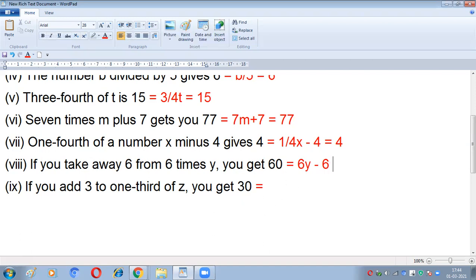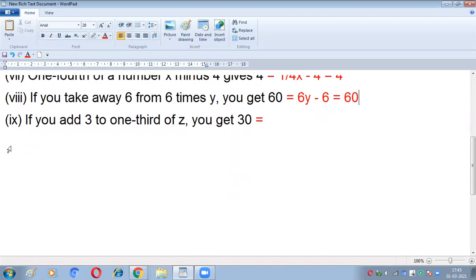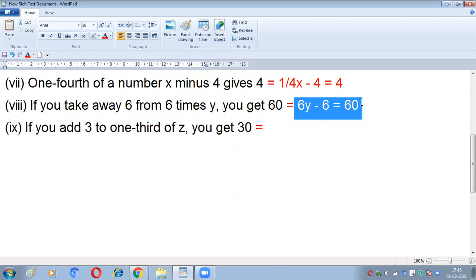So 6y minus 6 is equal to 60. This is our equation. So let's move to the ninth bit.